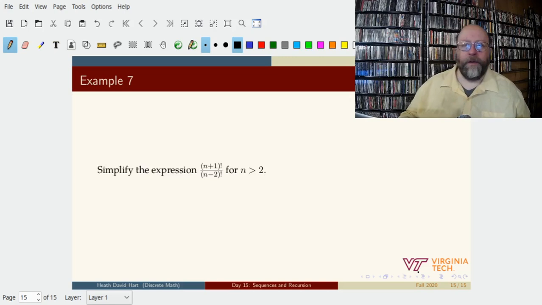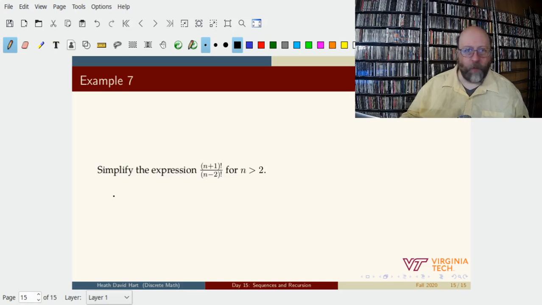All right. So let's try using that to simplify this expression. I'm saying that n is greater than 2, so we don't have to deal with that special case in the denominator. If n was equal to 2, then we have this special case, and I don't want to worry about that special case right now.